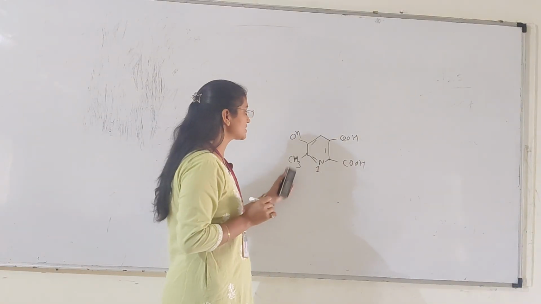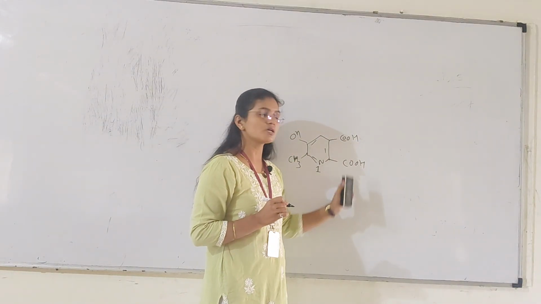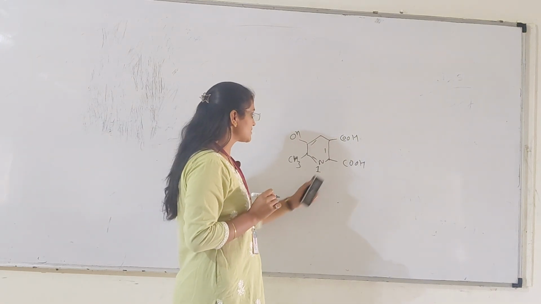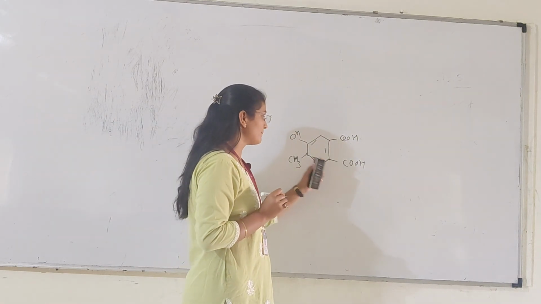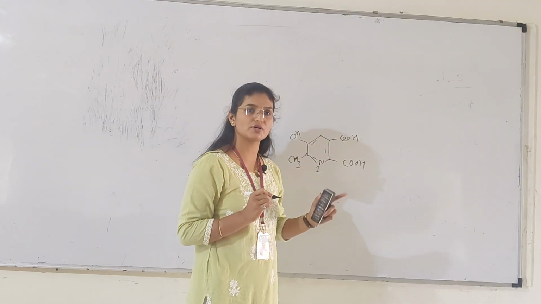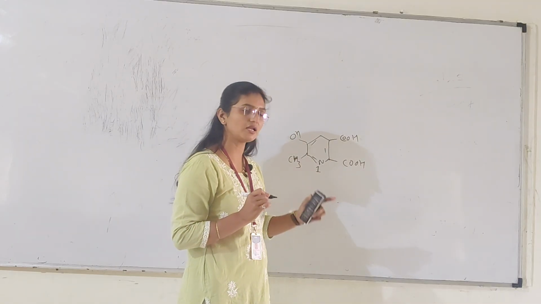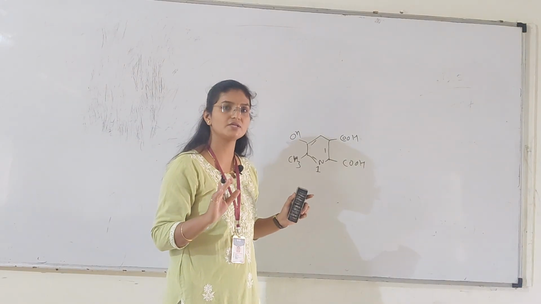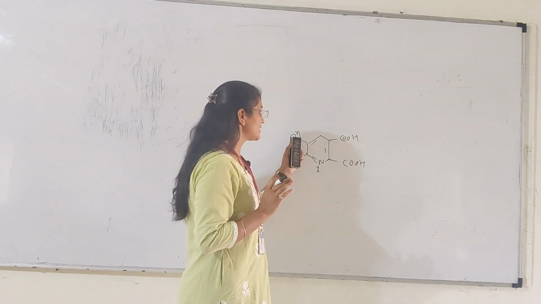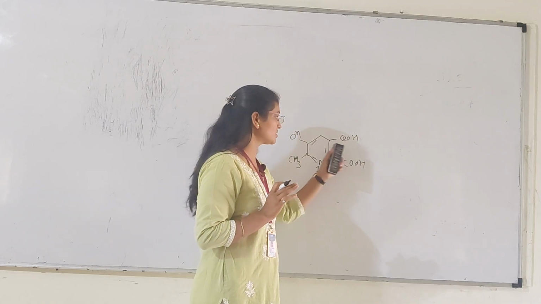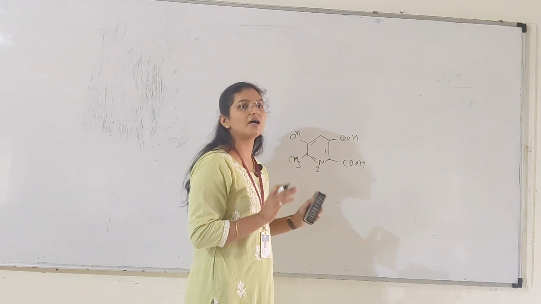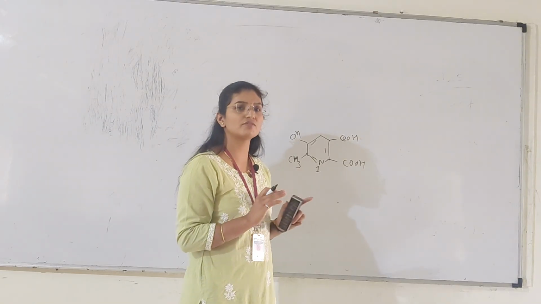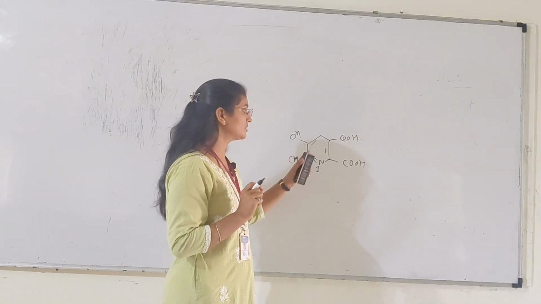But how is the numbering given to the remaining substituents? There is again one rule: if your compound contains more than one substituent, arrange all the substituents in alphabetical order, and that way you can number this compound.